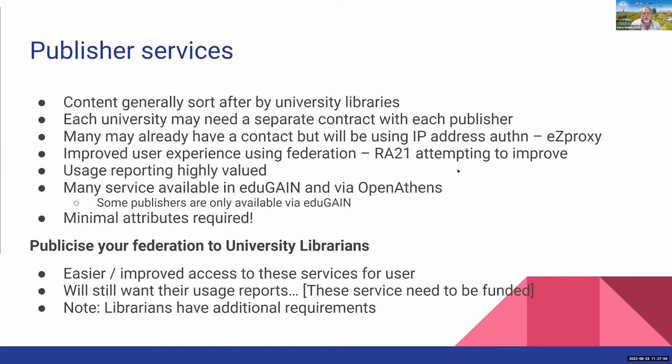They'll still want their usage reporting. These services need to be funded, so they need to know if they're being effectively funded. And there's a bit of a note here that librarians will have some additional requirements. I'm actually doing a presentation at the Internet2 conference about what librarians want from federations beyond what we currently provide. And I'll probably repeat that presentation in Nepal next year.